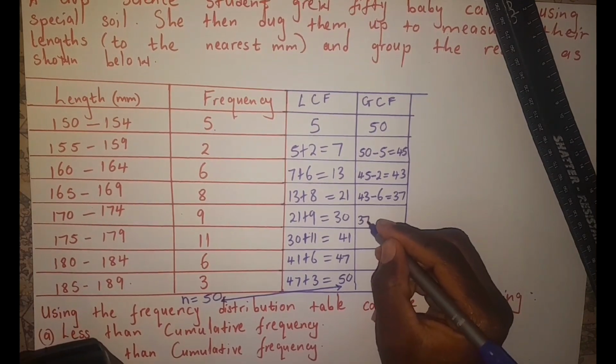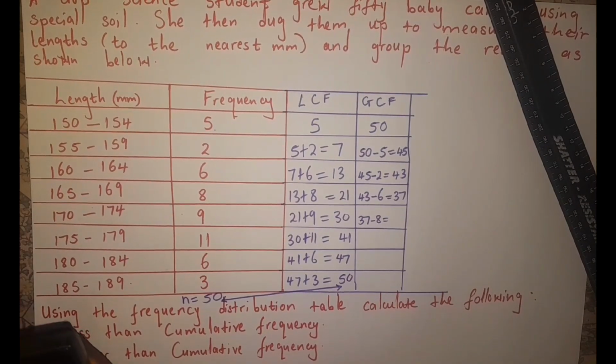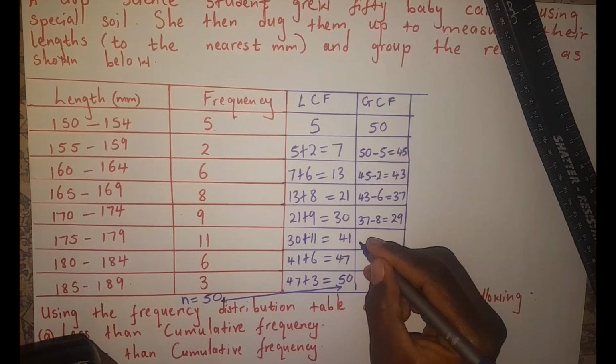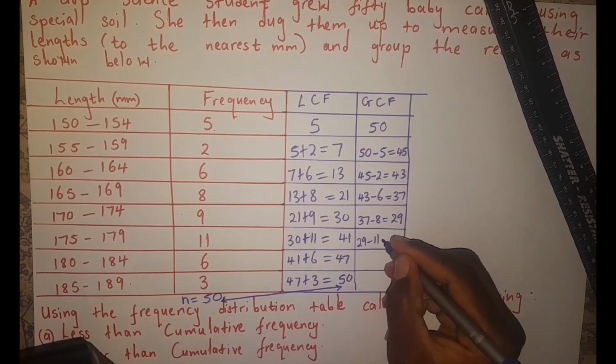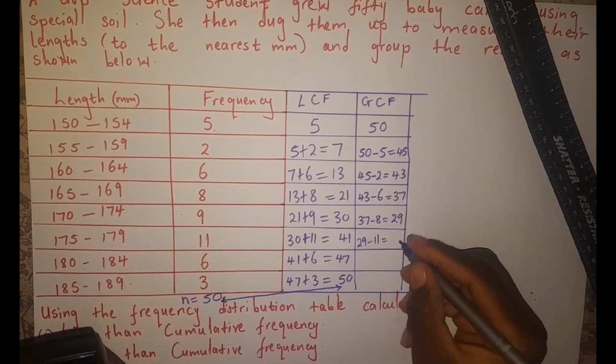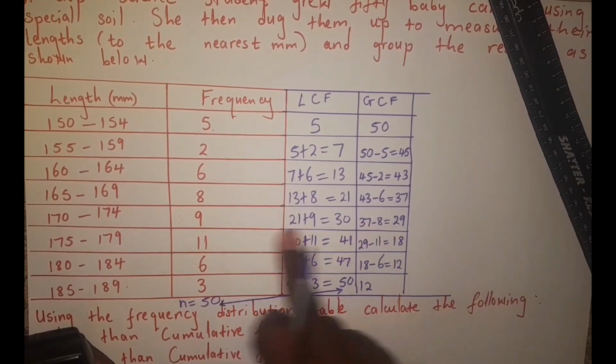Then we say 37 minus 8, which is 29. Sorry, there's a mistake here.